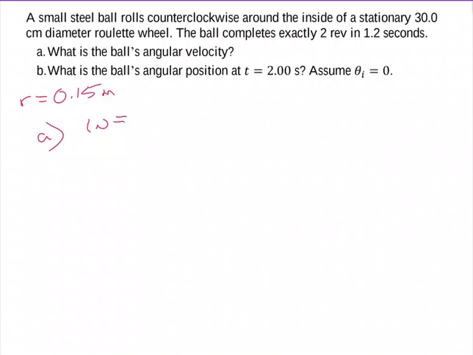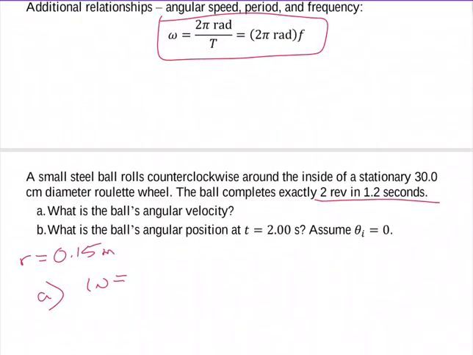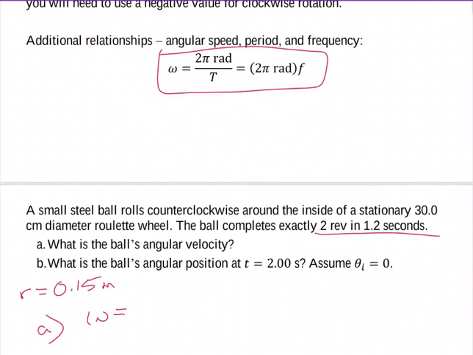Now, we have a formula that involves angular velocity with period and frequency. We want to use one of those. What did they give us? 2 revolutions in 1.2 seconds. What is that? That's a frequency, okay? So omega equals 2 pi radians times the frequency.